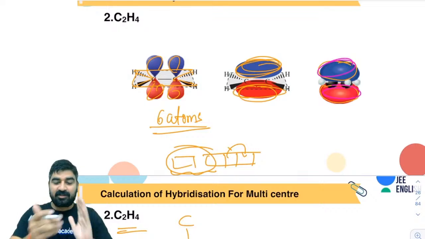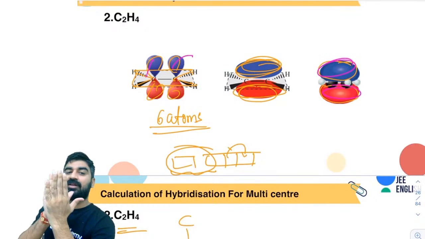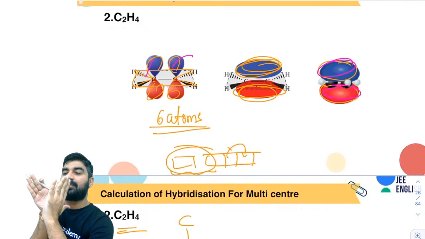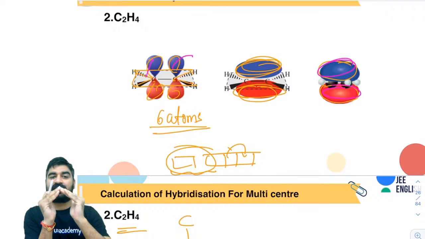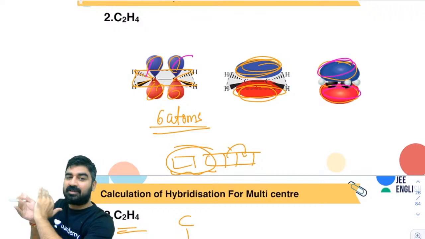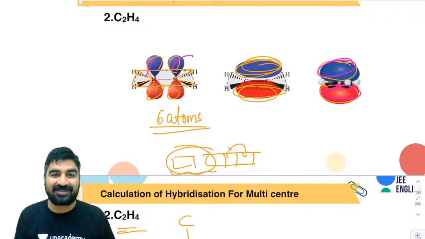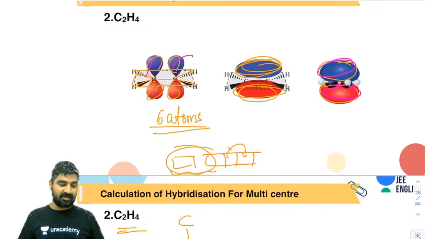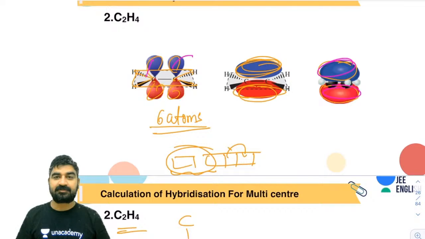If you turn that, then these two lobes would move, and right now they can overlap, but if you rotate them, how will they overlap? There would be no overlapping. So the pi bond would not be formed at all. Got it, guys?